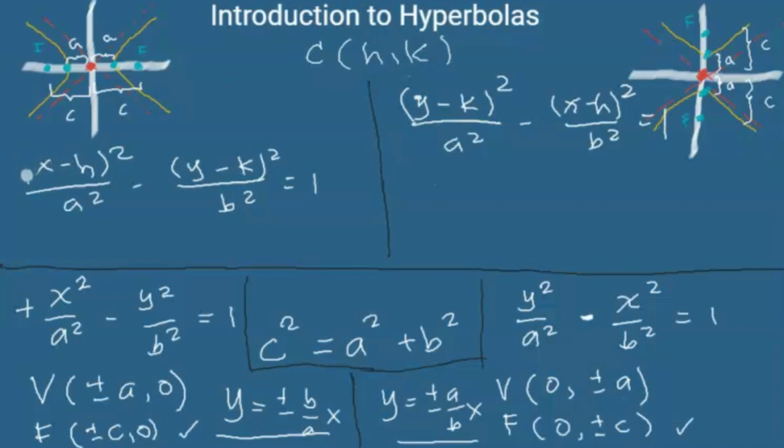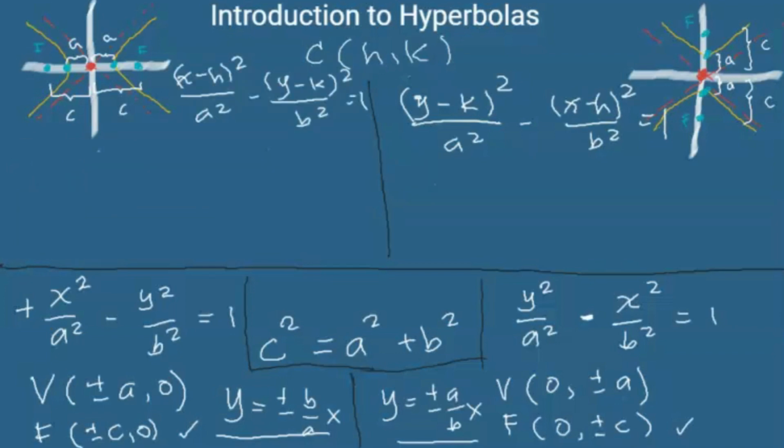Okay, let me rewrite this equation here on top. There you go. So now let's go to the coordinates of the vertices. In this case, where the center is at (h, k), we just need to add the h to the a. So it will be h plus or minus a, and then k.